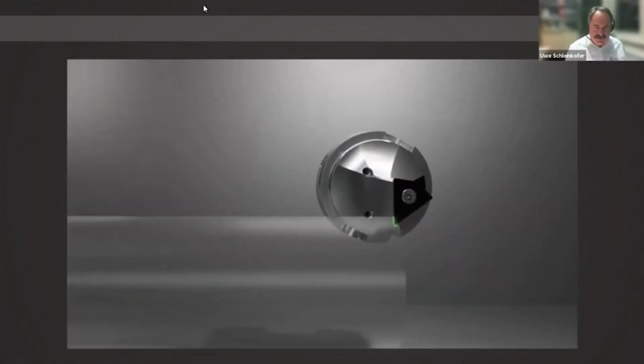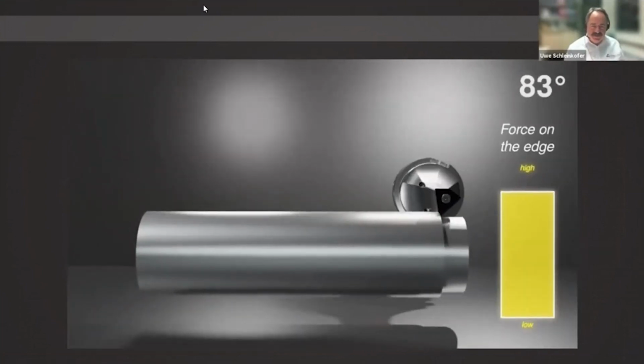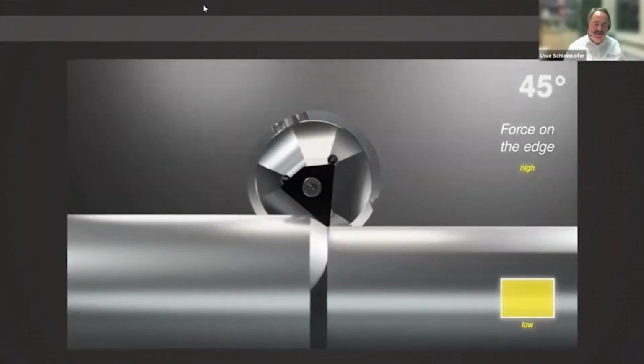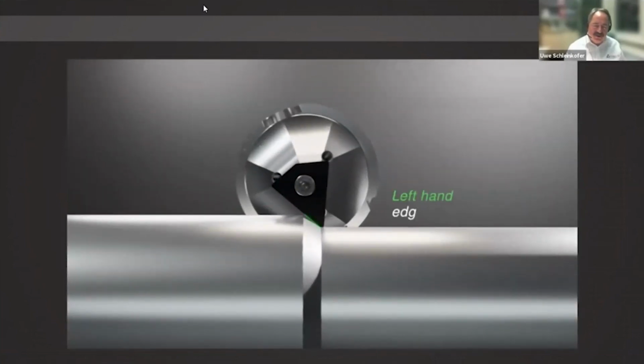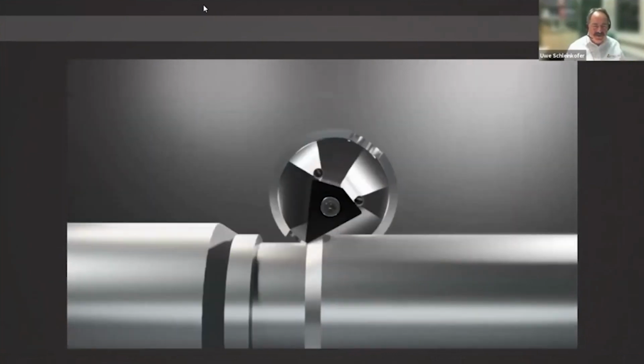We start with 90 degrees, and the force on the edge is very high. And now you reduce it. You distribute the cutting process on a longer cutting edge. And now a left hand is in use, so the force is going down. And now you're using the same as a right hand.